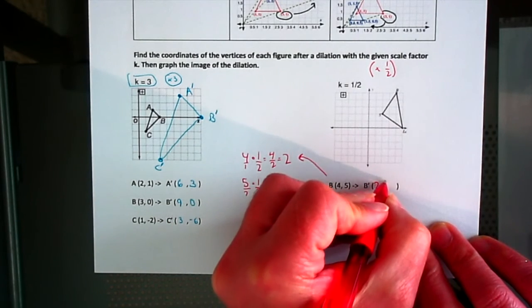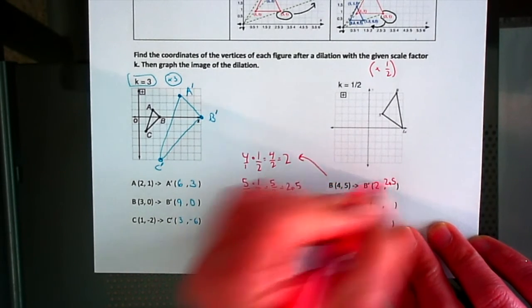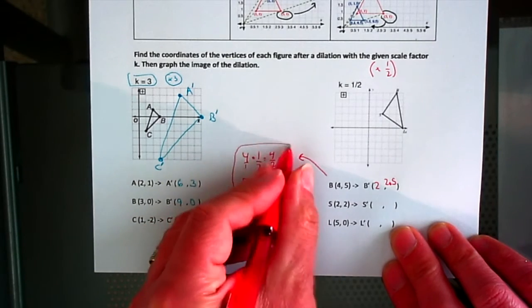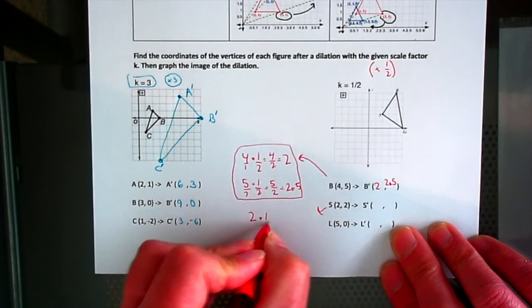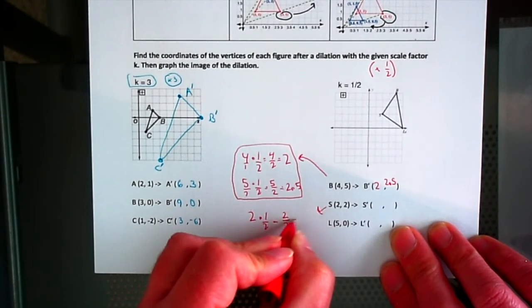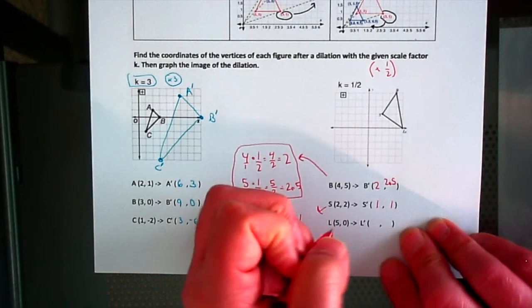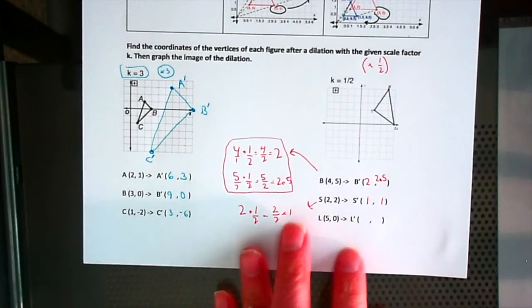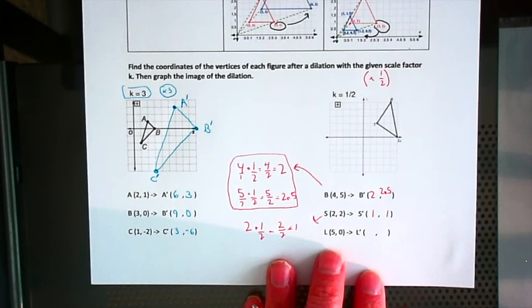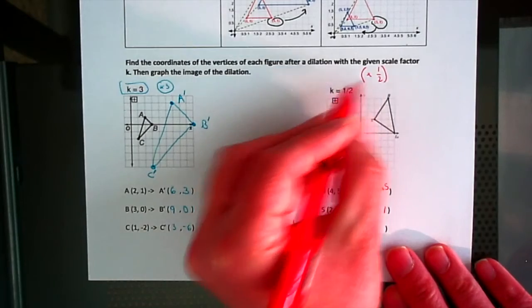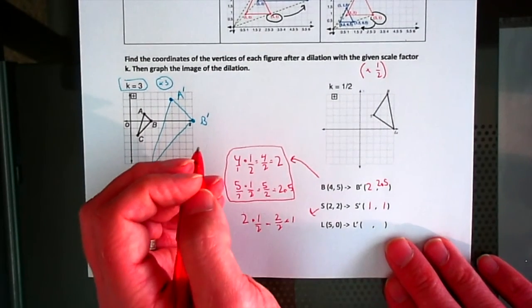So this is 2, 2.5. Now I come to the S. Well, that's 2 times 1/2, which is 2 over 2, which is just 1. And for the people who are really paying attention, when I multiply by 1/2, it's really the same as dividing by 2, because 4 divided by 2 is 2, and 2 divided by 2 is 1, and that works as long as your numerator is a 1. You can divide by that denominator.